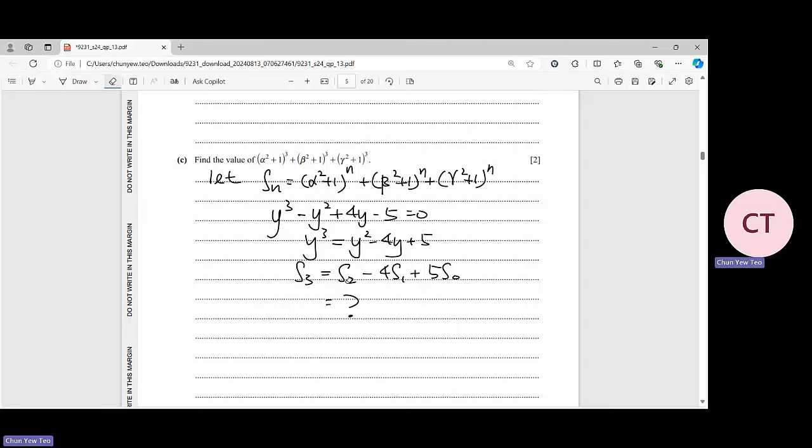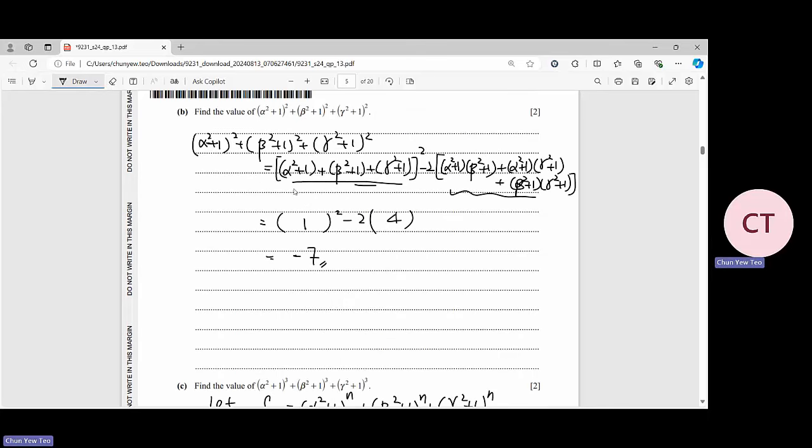So how do you find S3? To find S3, first of all, we need S2. S2 is actually the answer from part B, which is -7. So we just put -7. S1 is 1.